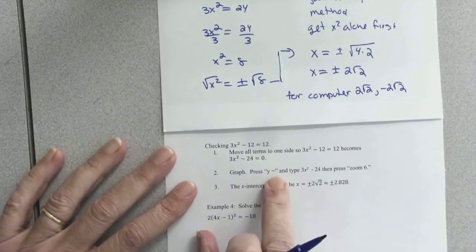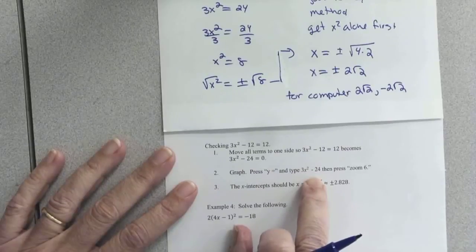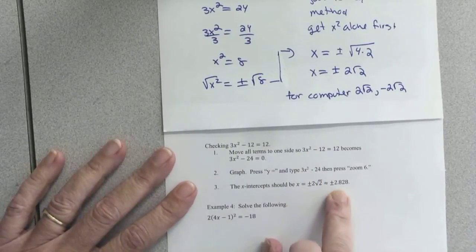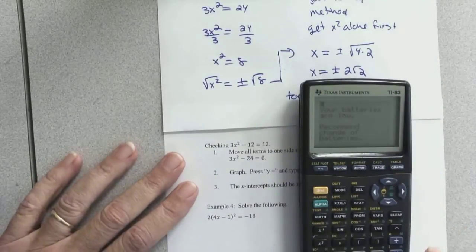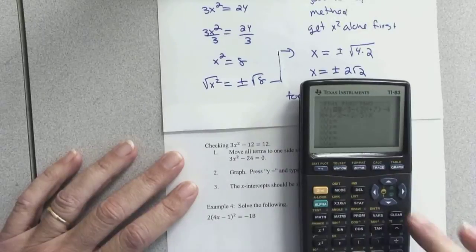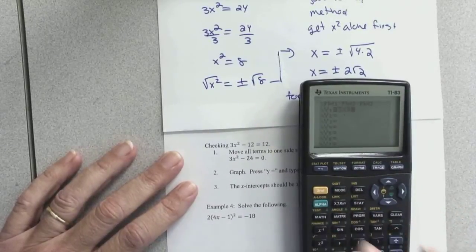Move everything to one side, press y equals, and type in what you have there, 3x squared minus 24. And then the x-intercepts should be that. I did not get a picture for you, so let's get a picture. Y equals, clear that. So we said it was going to be 3x squared minus 24, zoom 6.